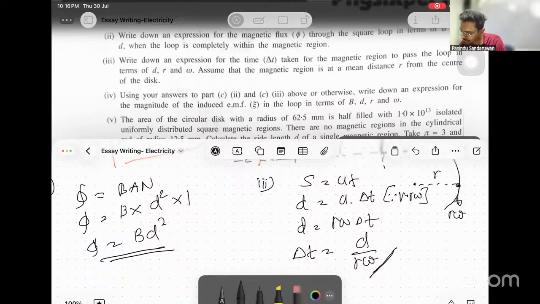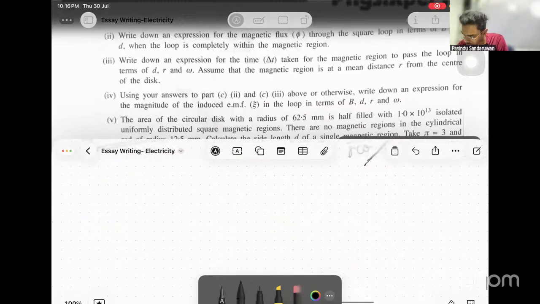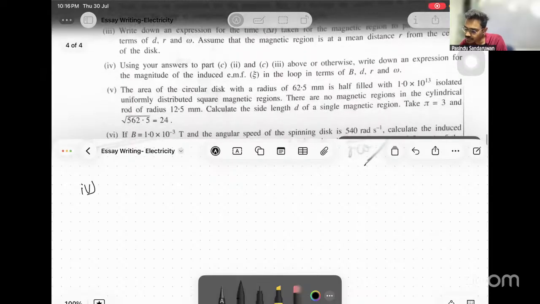Right, part 4 then. Using your answers to part C2 and C3 above, or otherwise, write down an expression for the magnitude of the induced EMF psi of the loop in terms of B, D, R, omega. We know E is written as d phi over dt, no?